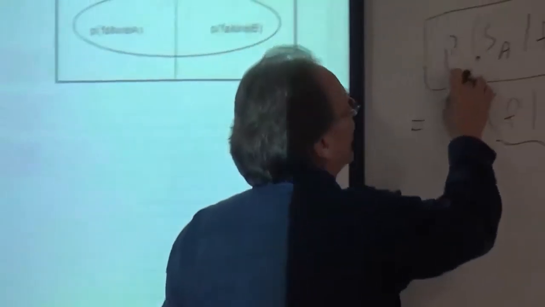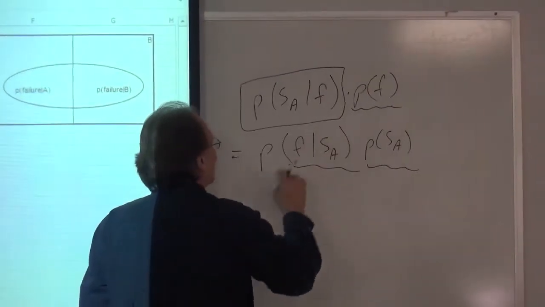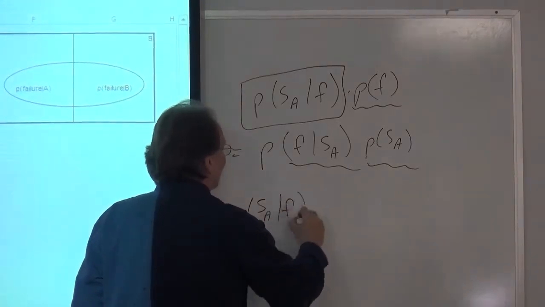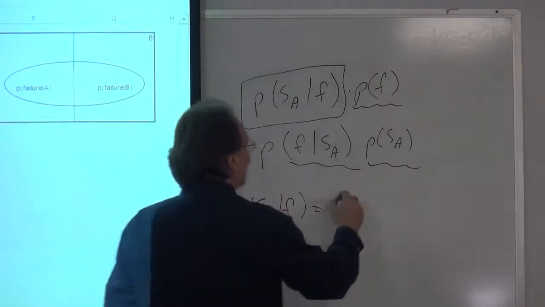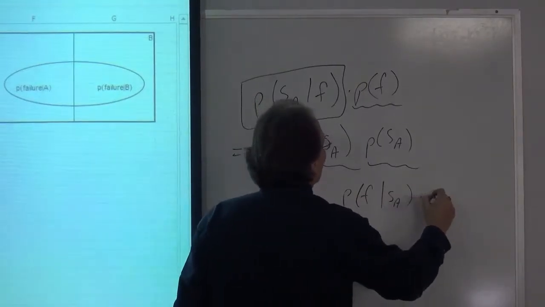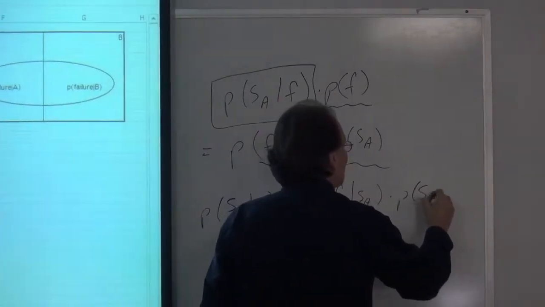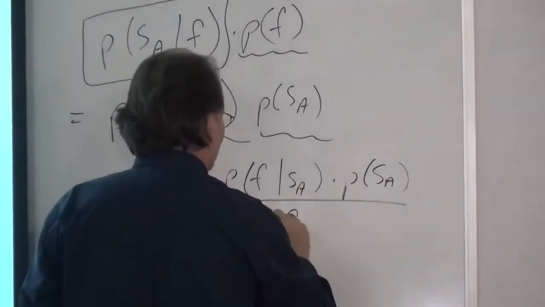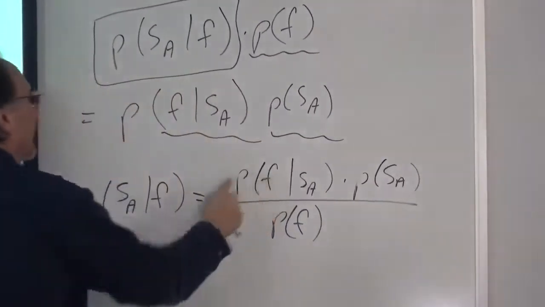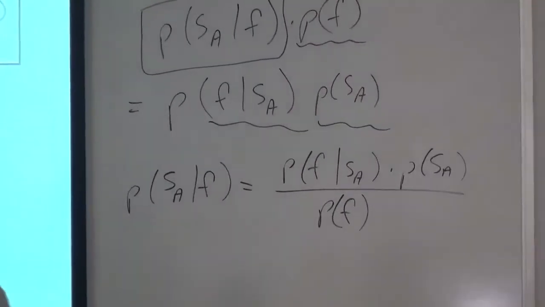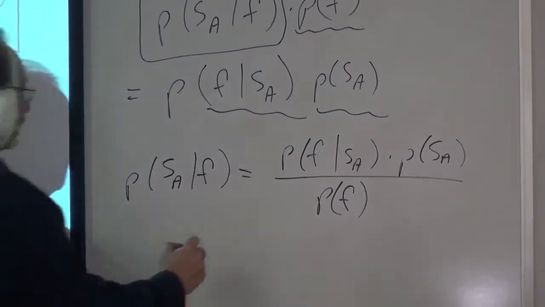The probability of supplier A, given that it's a failure, is equal to the probability of failure given supplier A times the probability that it comes from supplier A over the probability of failure. Okay. So the probability of failure given that it comes from supplier A is 0.4. Or I'm sorry, 0.15.